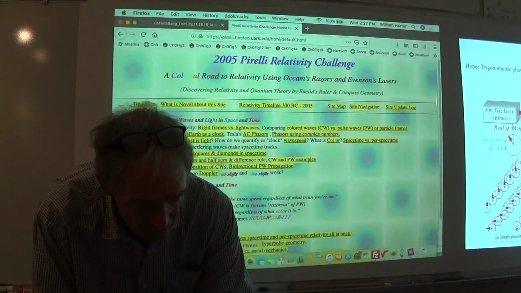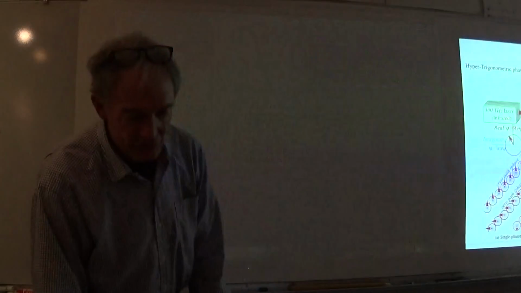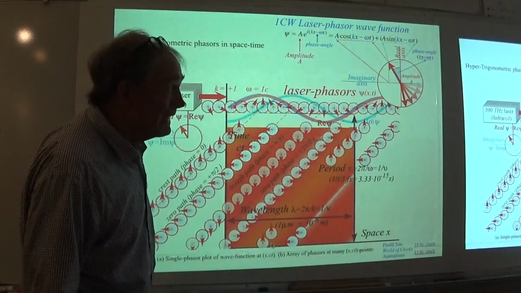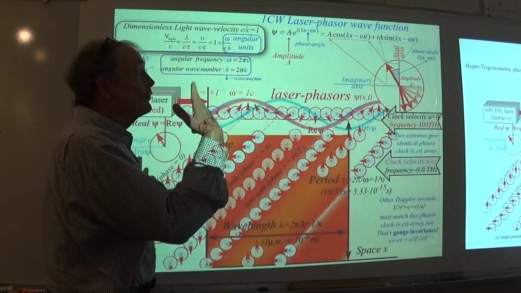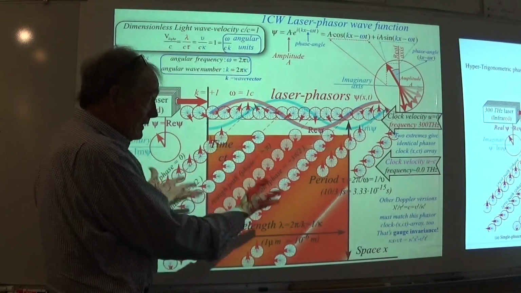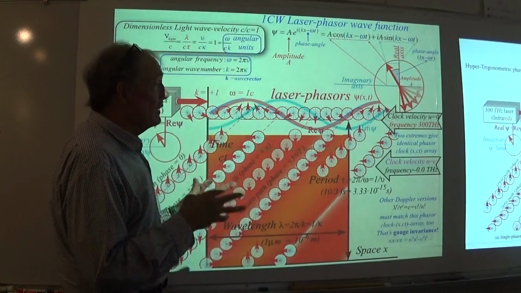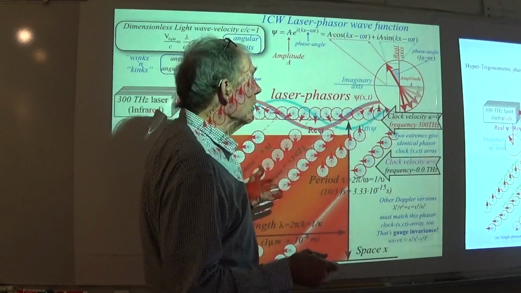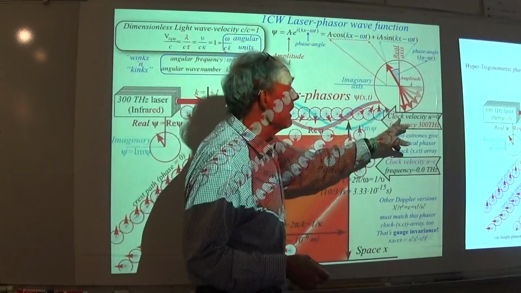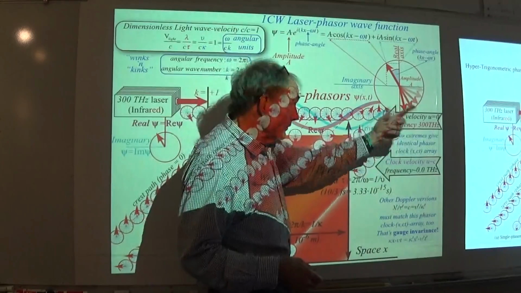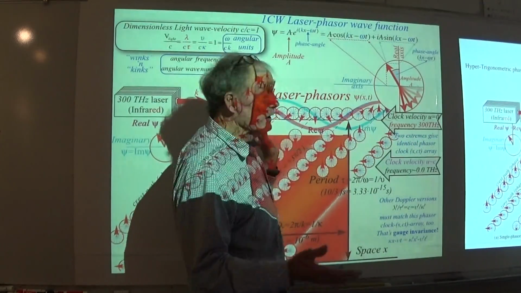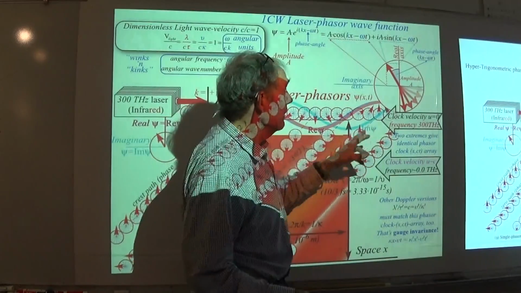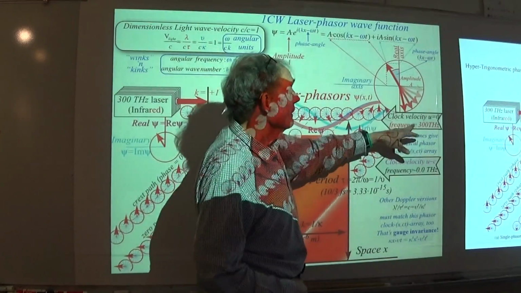Anyway, let's go back to this and point out something else that's happening here. There are two extremes of a gauge field. The first is where the clock frequency is 300 terahertz, our basic frequency that we're going to be plotting from, an infrared frequency.